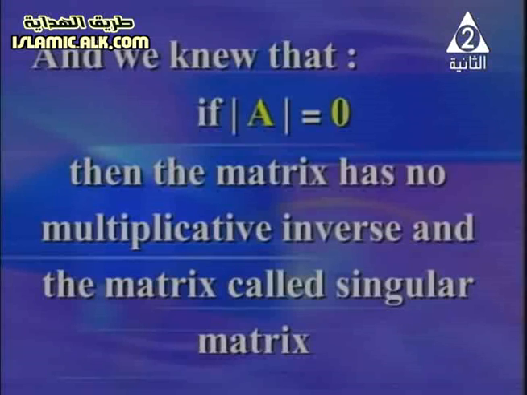What do you mean by singular matrix? A matrix whose determinant equals 0. Remember this, student: if the determinant of any matrix equals 0, then the matrix has no multiplicative inverse and is called a singular matrix.